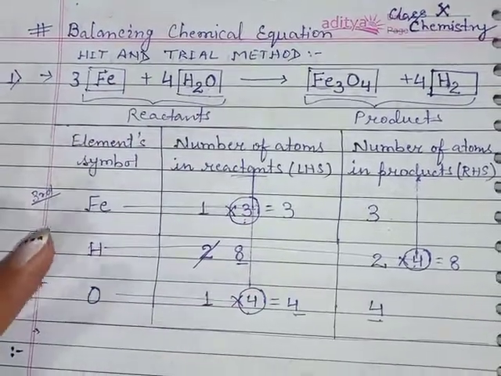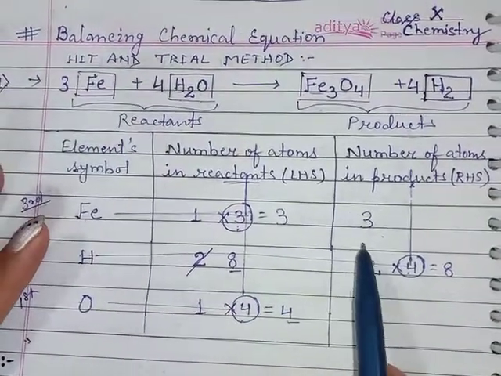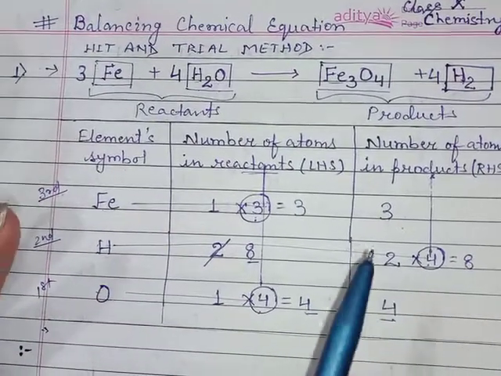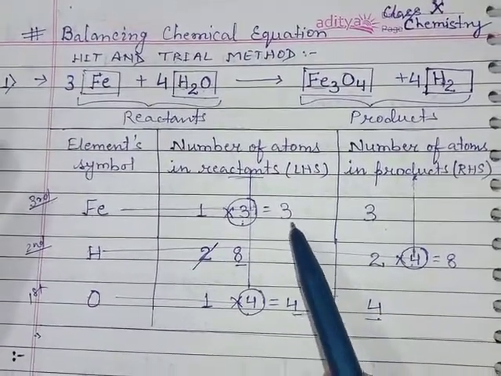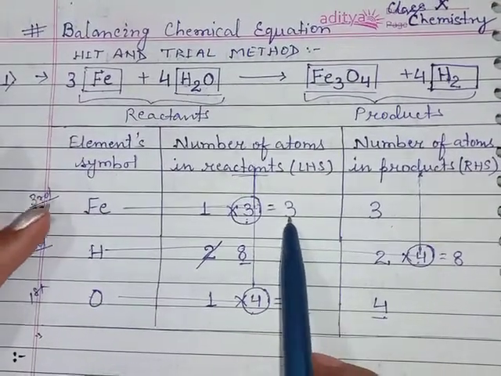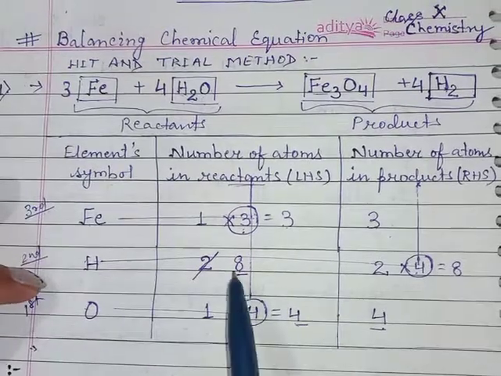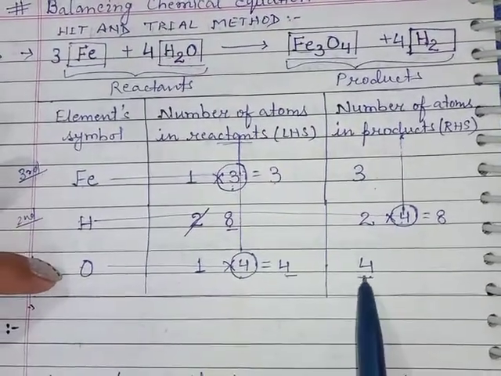Now finally, check whether the number of atoms of each element on both sides is the same or not. Iron is 3 and 3, hydrogen is the same, 8 and 8, and oxygen 4 and 4.